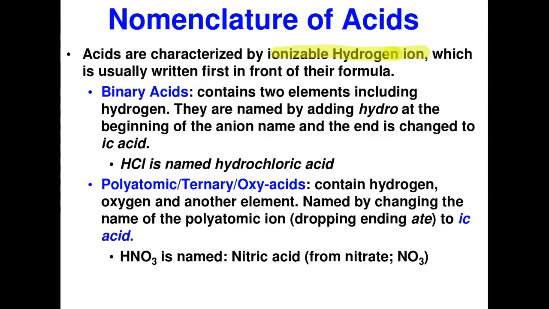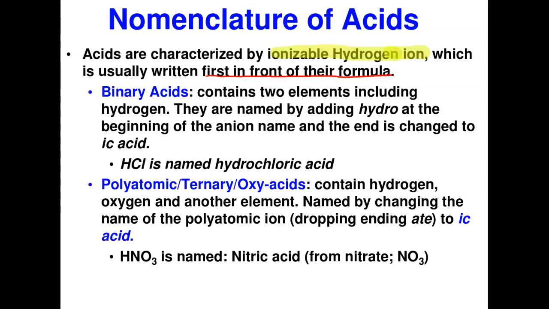So in any formula where you see an acid, the hydrogen, H, is always written first. Anytime you see a molecule with hydrogen first, that molecule is an acid. Now, that will preclude some binary covalent compounds that start with hydrogen. So this one, the hydrogen must be an ionizable hydrogen.